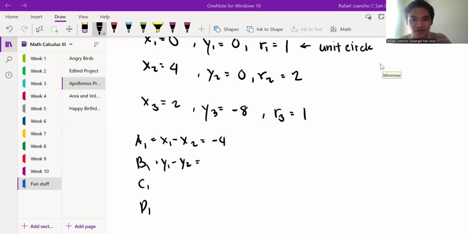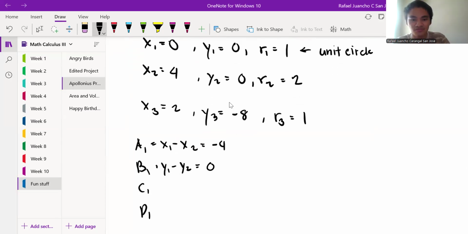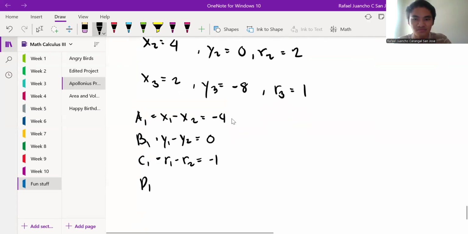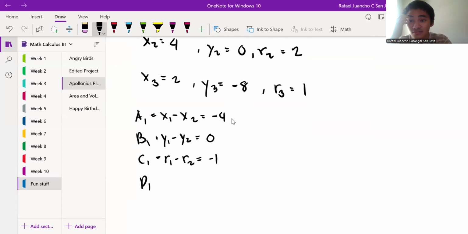This one, y1, y2, well, that's just 0. My C is, what was my C again? I think it was R sub 1, R sub 2. Yeah, this one was 1 minus 2, that's negative 1, right? And then my D1 was, oh shoot, this one's 1/2 of everything squared.